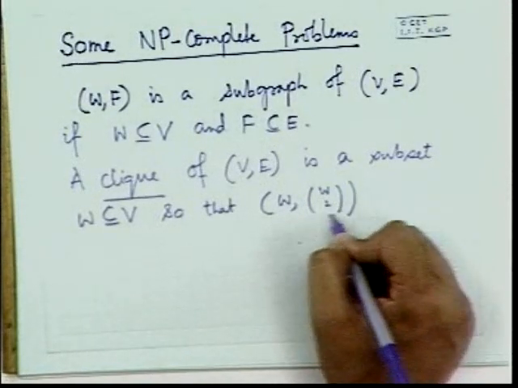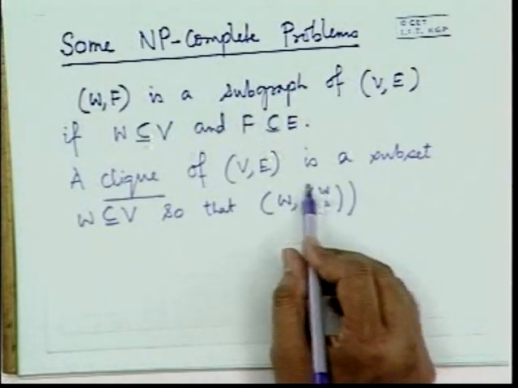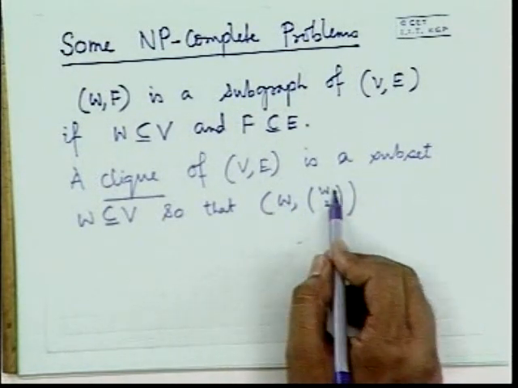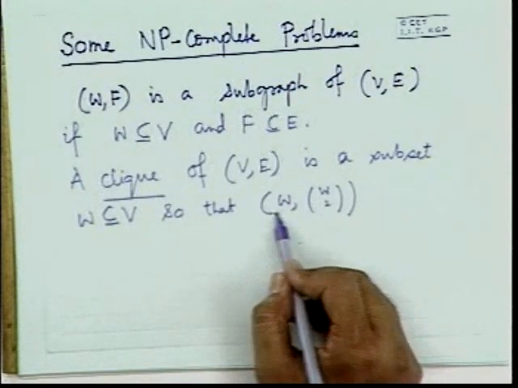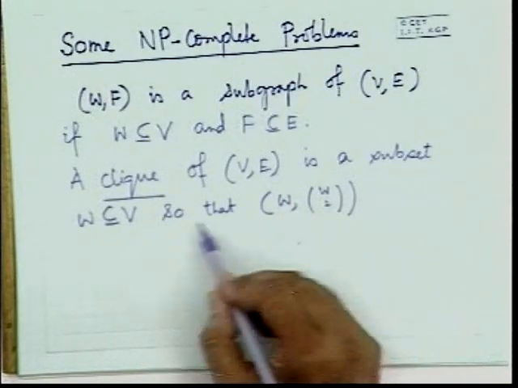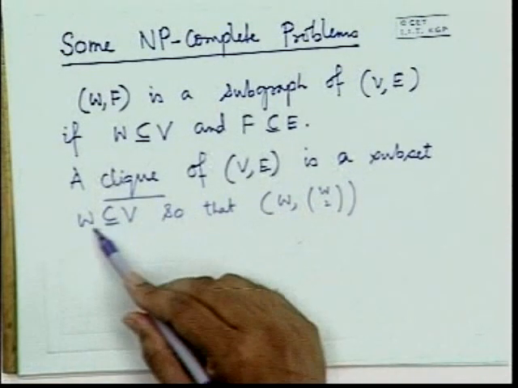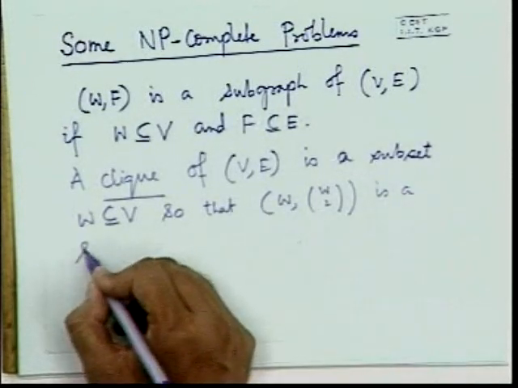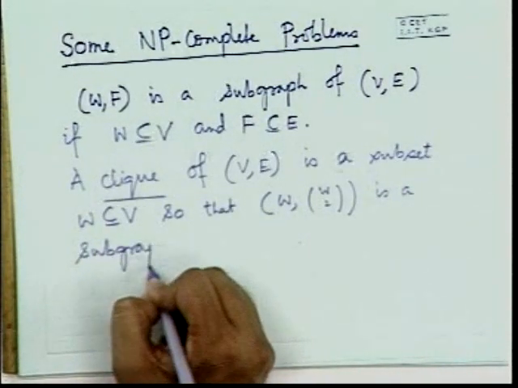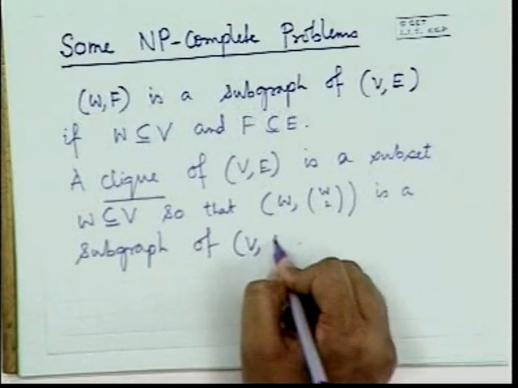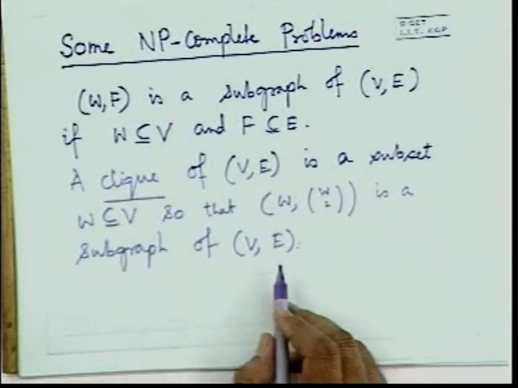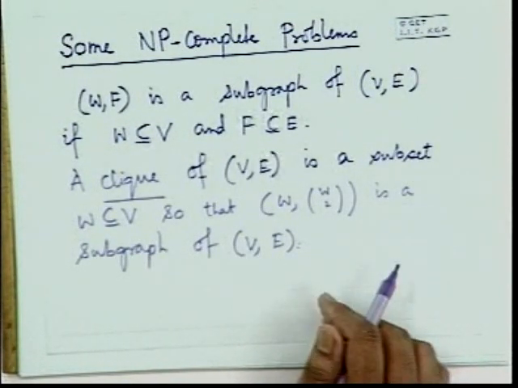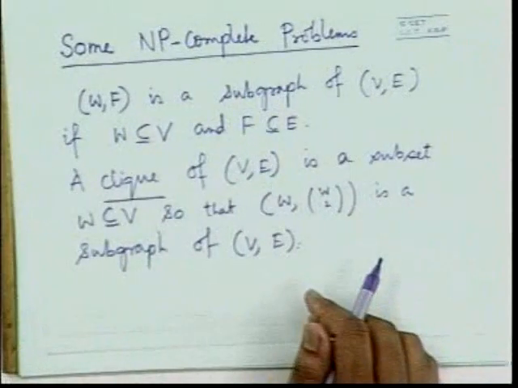When I write W choose 2, it means the graph made out of all possible edges between the vertices in W. So this is a complete graph on the vertices in W. So a clique is a subset of vertices W so that this complete graph is a subgraph of the graph. Basically, a clique is a subset of vertices where all possible edges between these vertices are present. Then it's called a clique.